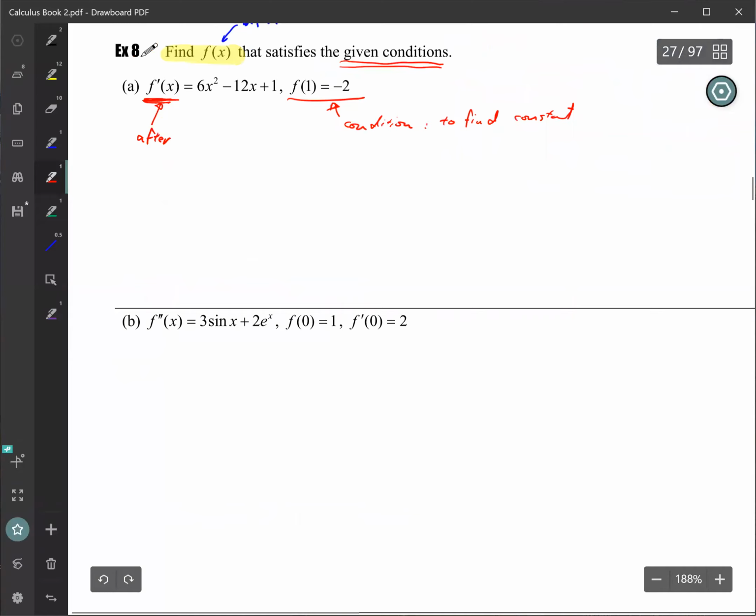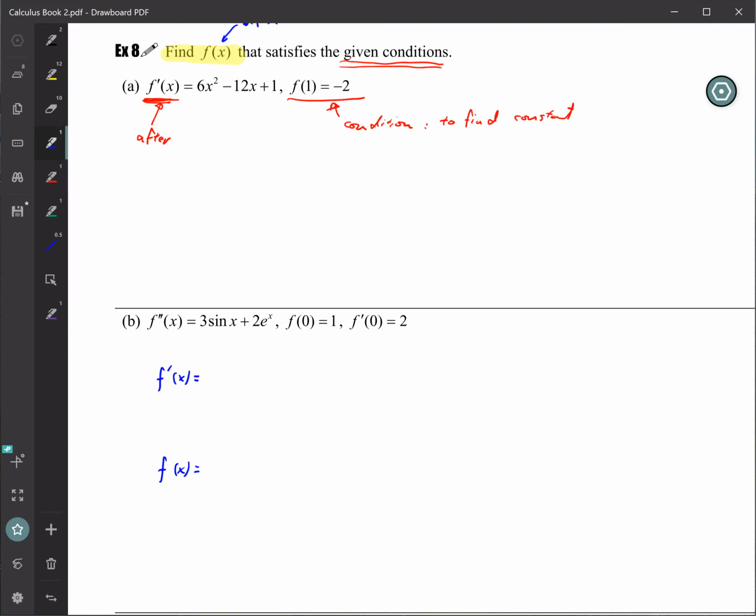So B, you have a double prime. That means when you find the antiderivative, you have to do it 2 times. You do 1 time first. After the first antiderivative, you get f prime. From there, you take the antiderivative again, then you can get the f.